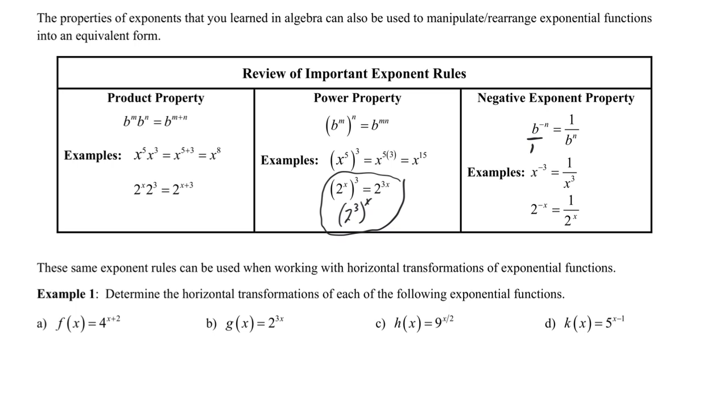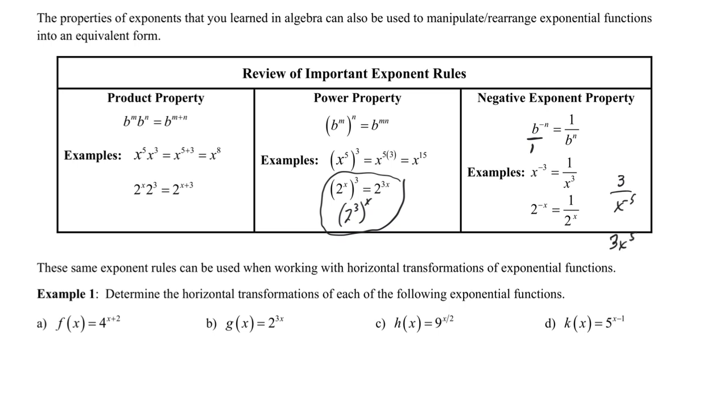It doesn't mean we always move it down, because sometimes I might have 3 over x to the negative 5th, and I have to rewrite that as a positive exponent. Well, x to the negative 5th is in the denominator, so if I need to make it positive, I can just put it up in the numerator and make it 3x to the 5th.